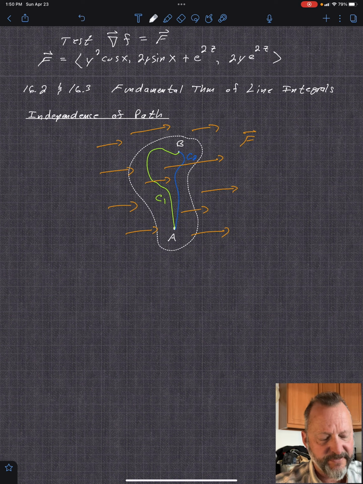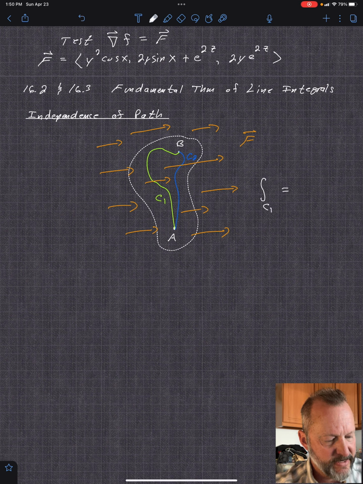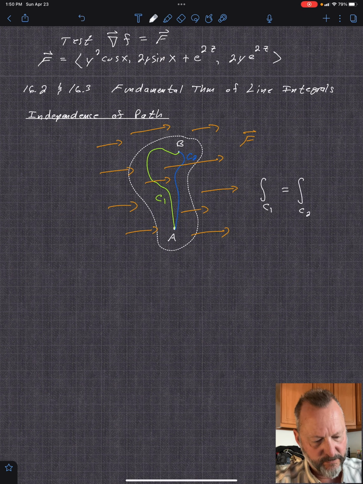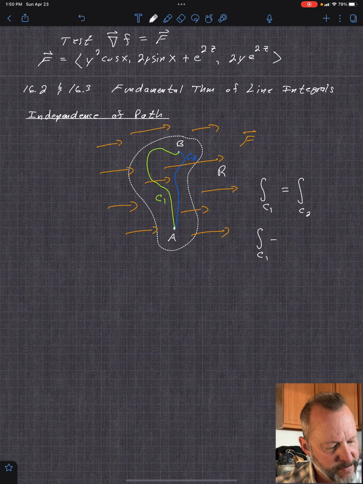Roughly, this is just shorthand. The integral over C1 is the same as the integral over C2. There's my region R. If you subtract those, C1 minus C2, you get 0.